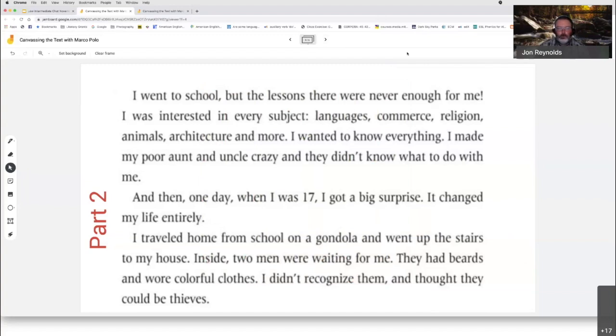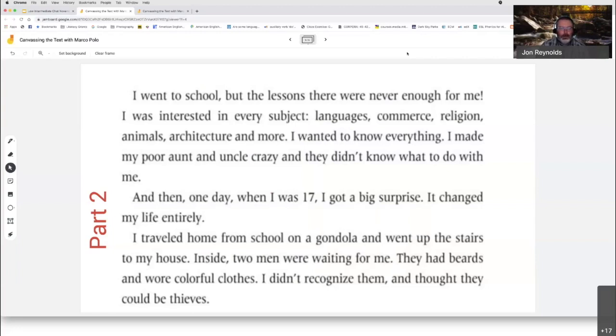I went to school, but the lessons there were never enough for me. I was interested in every subject: languages, commerce, religion, animals, architecture, and more. I wanted to know everything.